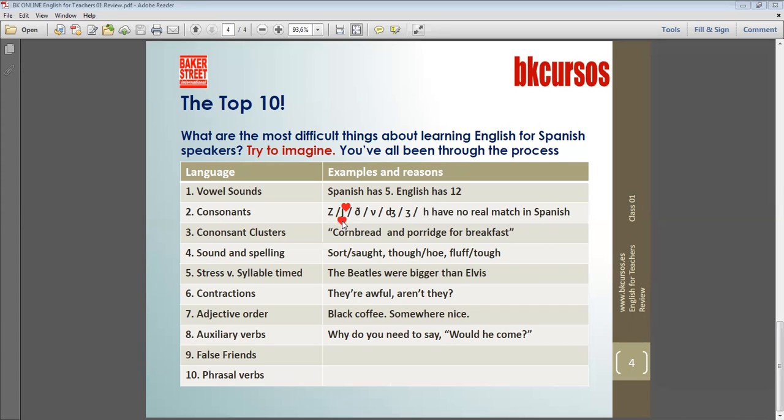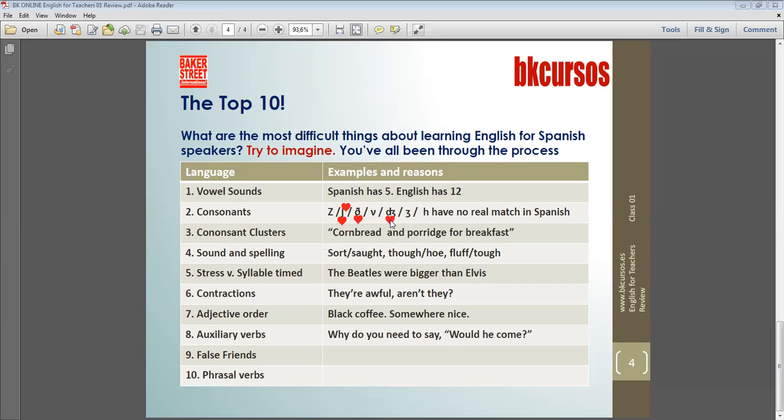What about the next one? What's this one here? D, maybe? No, it's the. Then, those, them. So that's difficult. V, well, I'm not sure about the V, really. What about this one here?